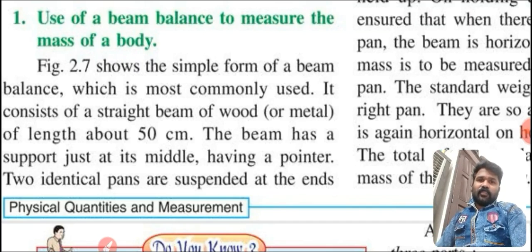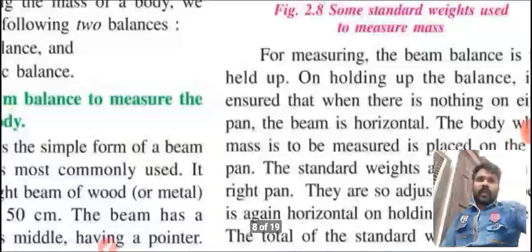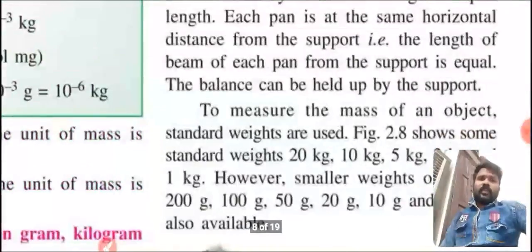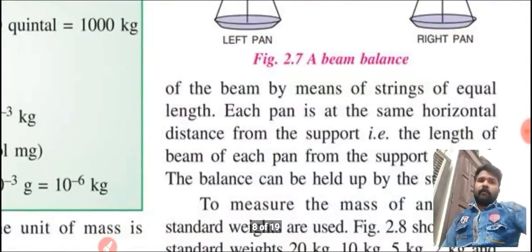Its length is around 50 centimeters. The beam has a support just at its middle having a pointer. Two identical pans are suspended at the ends of the beam by means of strings of equal lengths.